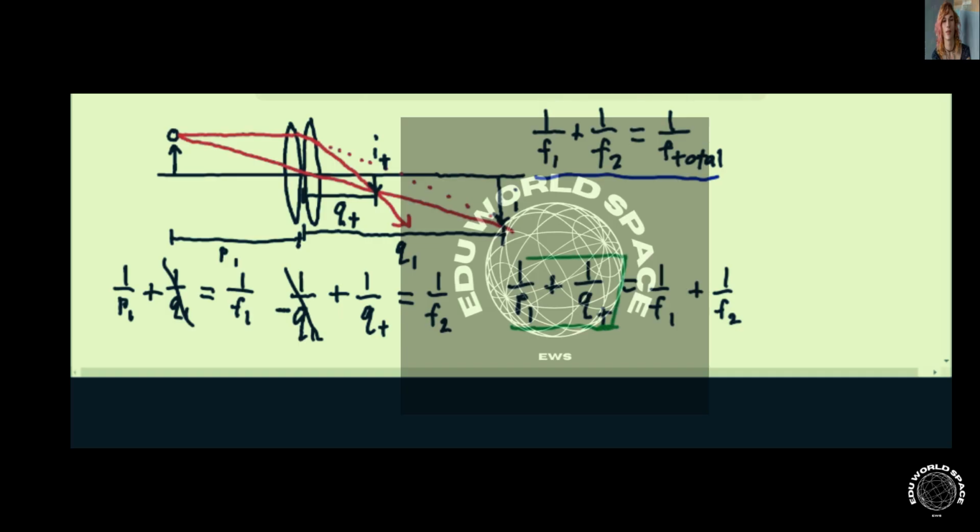So this, in the end, is really equal to 1 over F total. And thus we are left with 1 over F1 plus 1 over F2 is equal to 1 over F total.